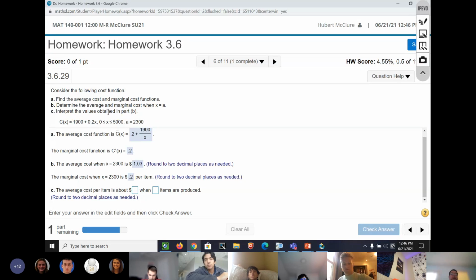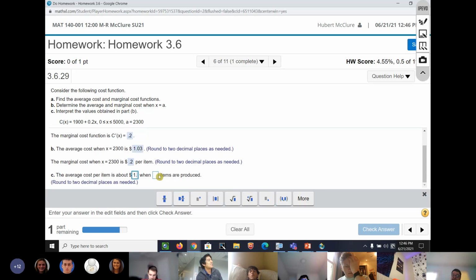Okay, determine the average and marginal cost. The average cost for 2,300 units is going to be $1.03, something like that. The average cost of an item is about $1.03 when 2,300 items are being made.